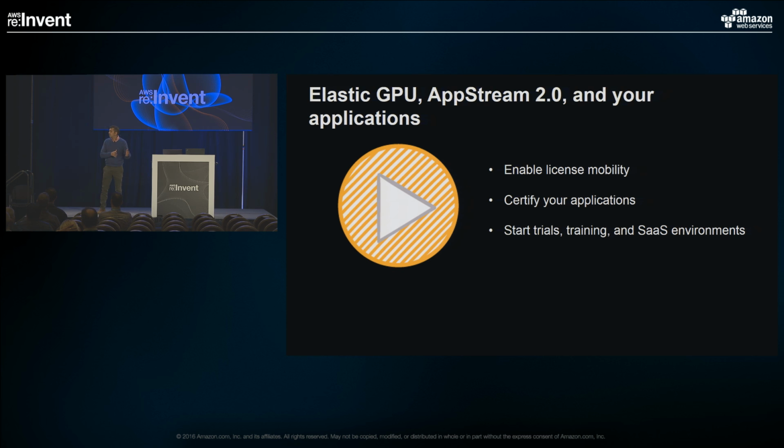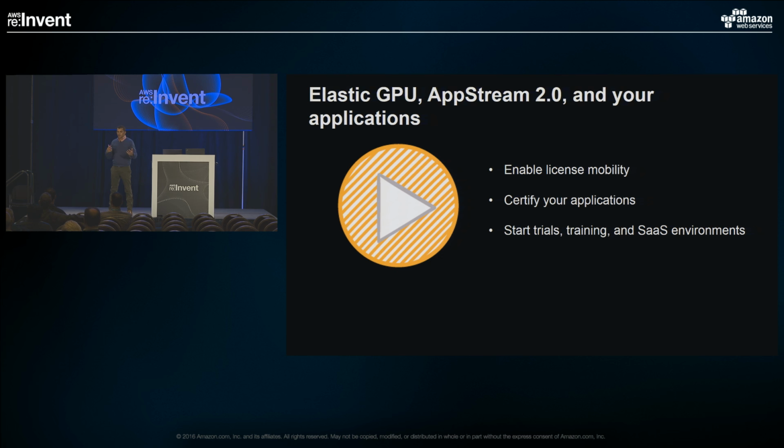And on the other hand, you can also use this solution, especially with AppStream 2.0 and this easy way to bundle up applications and deliver them through a browser. You can use that for running your trials, your training for your employees or your customer base, and for quickly creating SaaS environments where you can deliver your software through a browser with no re-engineering of your software, which is a very powerful mechanism for delivering your application.